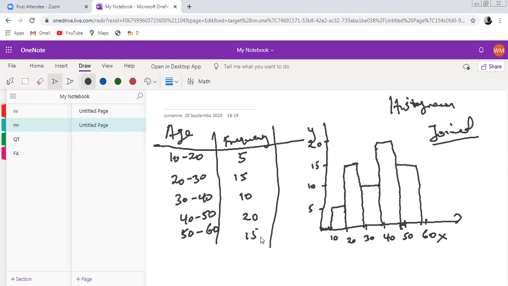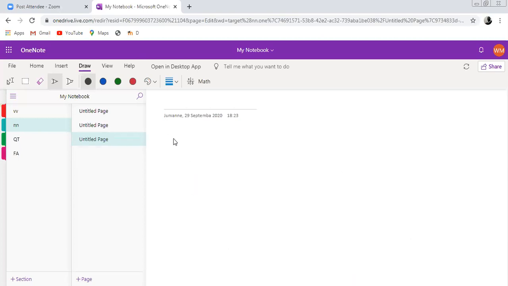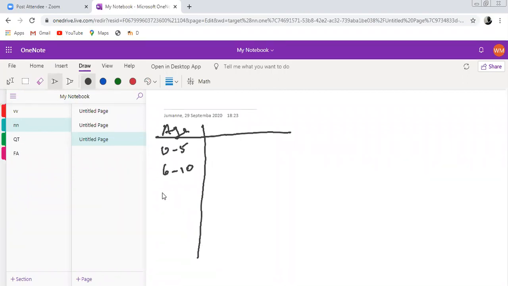In some cases, you can be given information like this. You can be given information where maybe you are told that I still use the age. You can be given information like 0 to 5, 6 to 10, 11 to 15, 16 to 20.